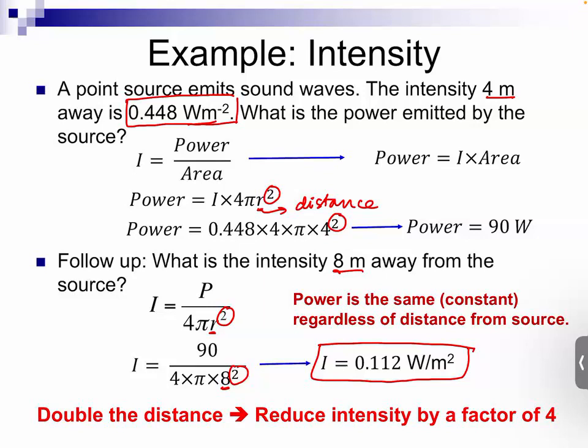And that's the essence of the inverse square rule: the intensity is inversely proportional to distance squared. If the distance is doubled, then the intensity reduces by a factor of 4.